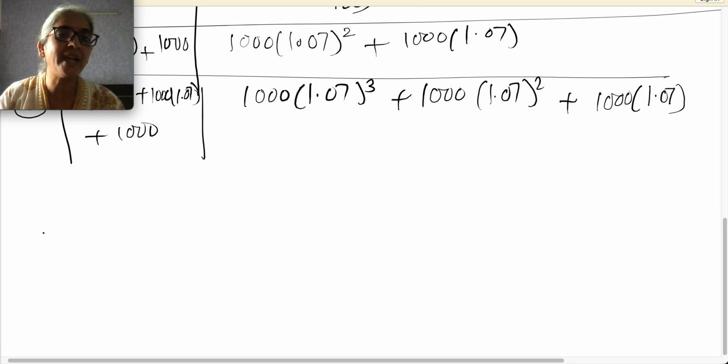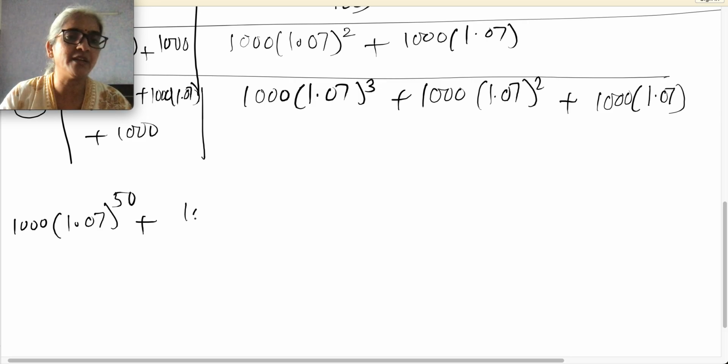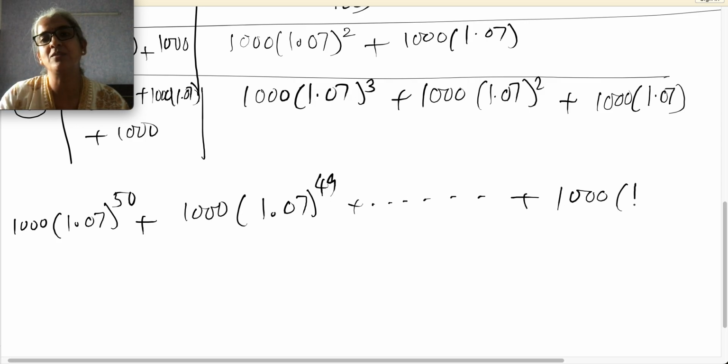So if I look at the end of 50 years, the first $1,000 would have earned interest for 50 years, the second $1,000 would have earned interest for 49 years, till the last $1,000 would have earned interest for 1 year.